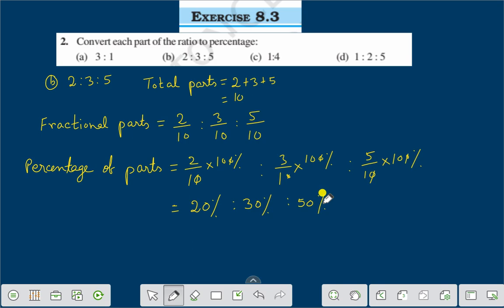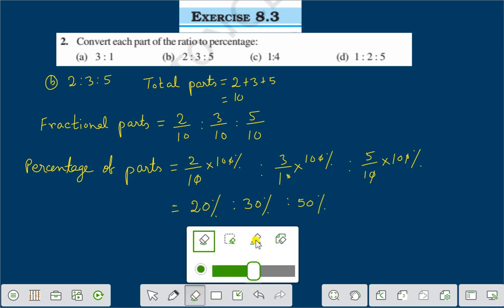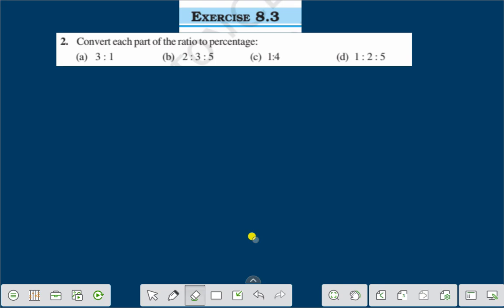Now we solve question number C. Question number C is 1 is to 4. Therefore, total parts is equal to 1 plus 4, that is equal to 5.